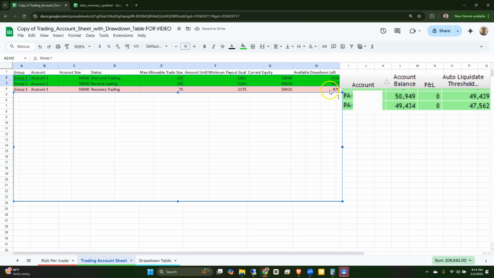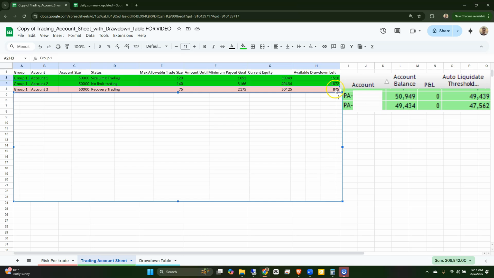Now, if we only have $875 worth of drawdown left, maybe you took a full payout on this account. Maybe you had just a drawdown. Maybe you came over from trading a different strategy and now you're trading ORS or whatever. However it happened on this hypothetical account, you only have an $875 drawdown before liquidation.